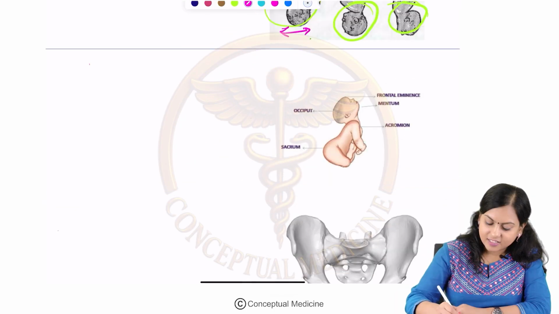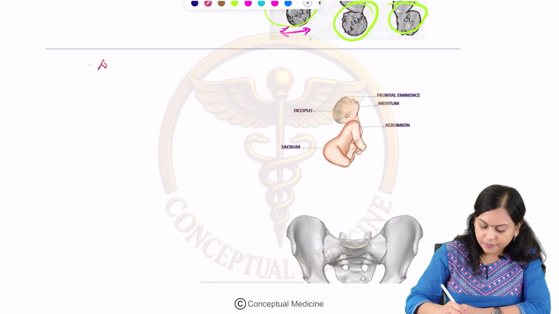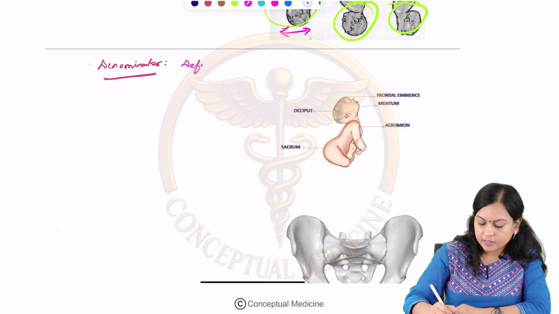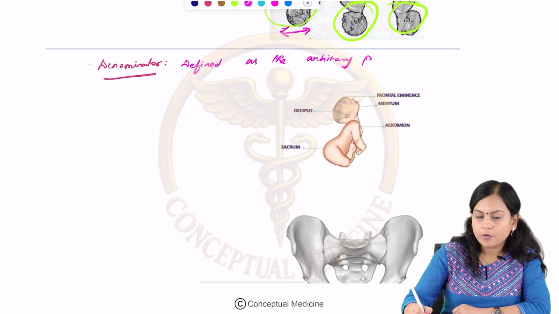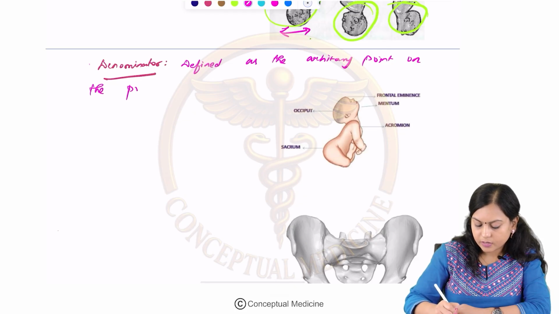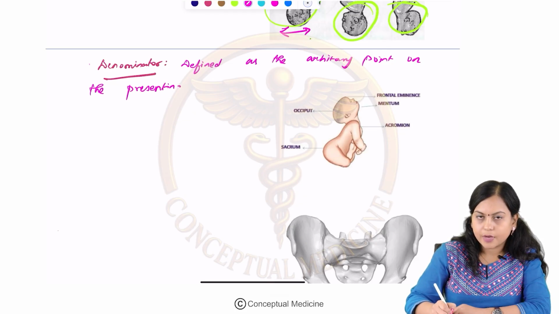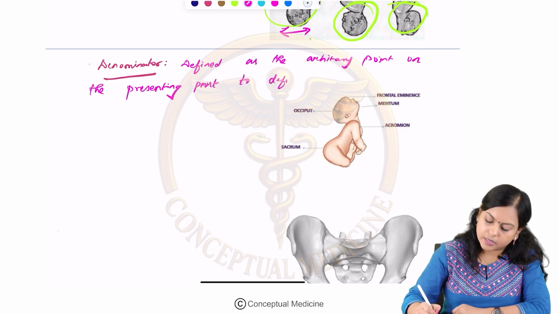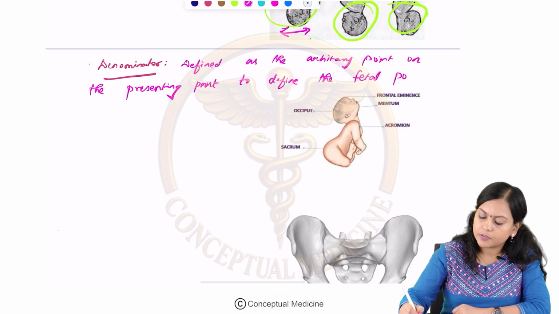Next we will see the denominator. The denominator is defined as an arbitrary point on the presenting part to define the fetal position.